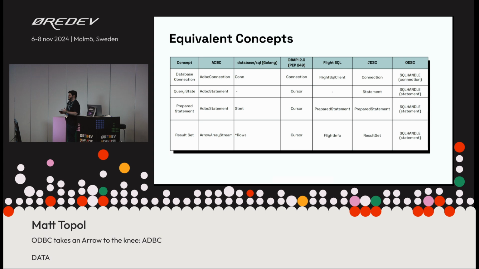We try to simplify things a little bit because if anyone's ever actually implemented an ODBC driver, you know how ridiculously hard it is to get the cross-section of everything you need to implement for it. So ADBC has a smaller cross-section of functions you have to implement, a smaller interface, much easier to utilize. And then you get to benefit from all the performance and the column orientation of the memory and just Arrow in general.